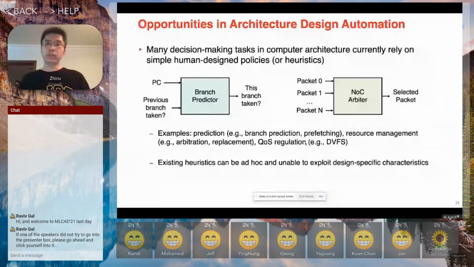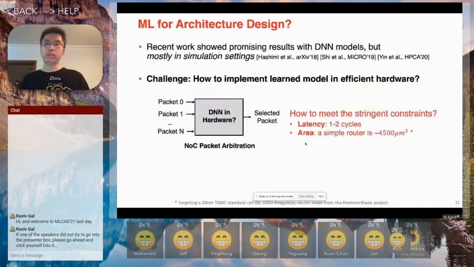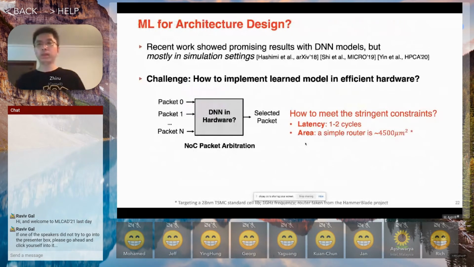So this is where the obvious question comes again: can ML play an important role in automating some of this decision-making process? There is indeed some recent work showing pretty promising results. Many of them use DNN-based models.